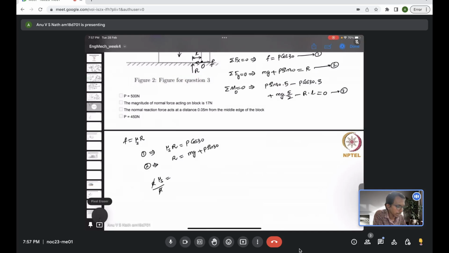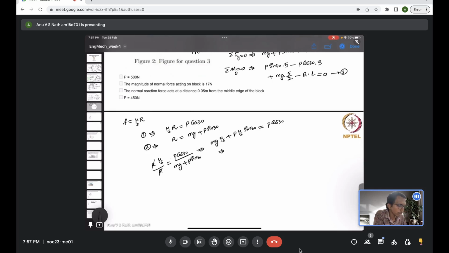On the right-hand side we have P cos 30 by mg plus P sin 30. Now if you rearrange, cross multiplying, you can write mg times mu s plus P mu s sin 30 equal to P cos 30.